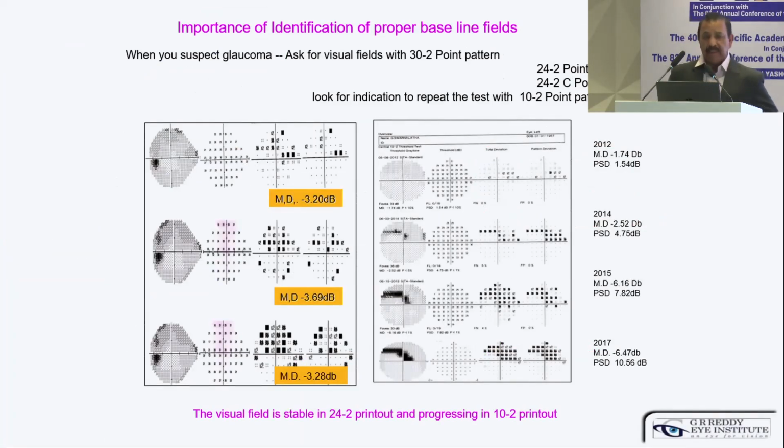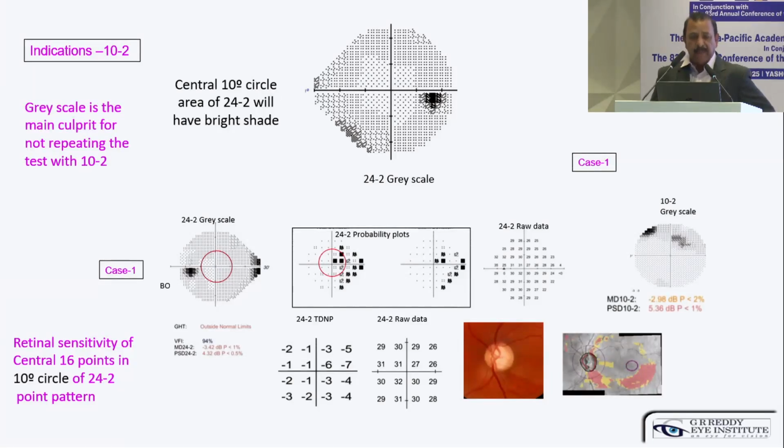Why should we have proper baseline fields? Take for example, sometimes the glaucoma may be stable in 24-2 but may show progression in 10-2. So we must have proper baseline fields. And the main culprit is the grayscale.